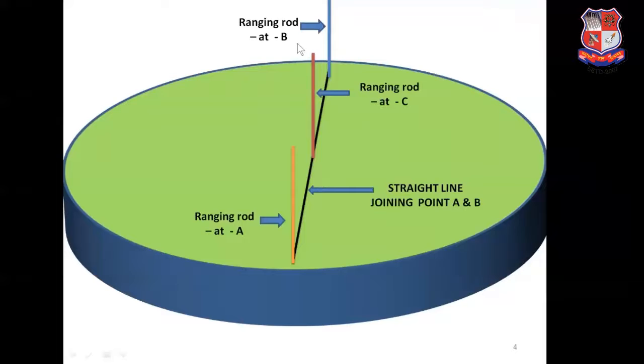Here you can see one intermediate point C is established on the chain line joining A and B. The process of establishing this intermediate point on the chain line AB is known as the ranging process.